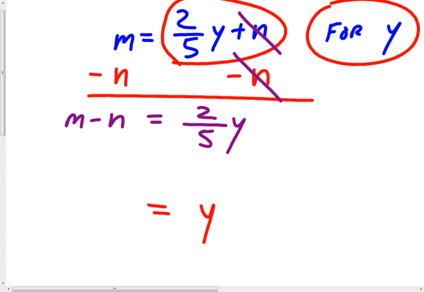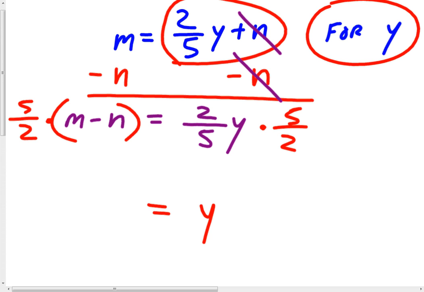How do you normally get rid of 2/5 that's right next to the y? Multiply by the reciprocal. Flip it. Same thing over here, but watch what I do. Everything's getting multiplied, so it's distribution.